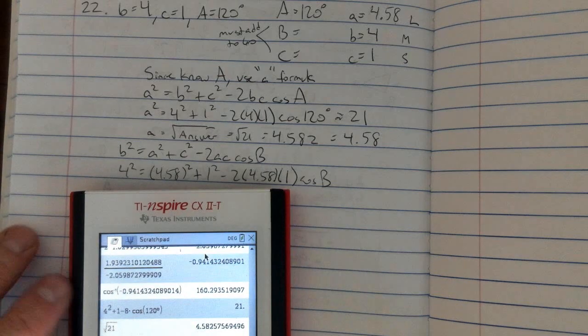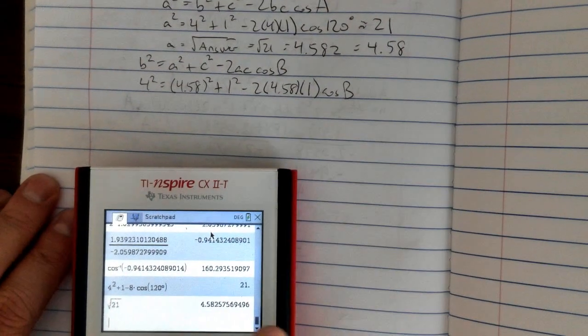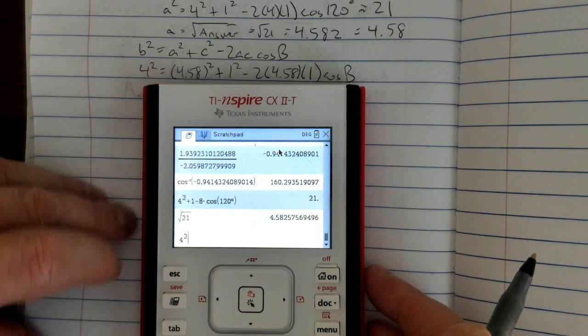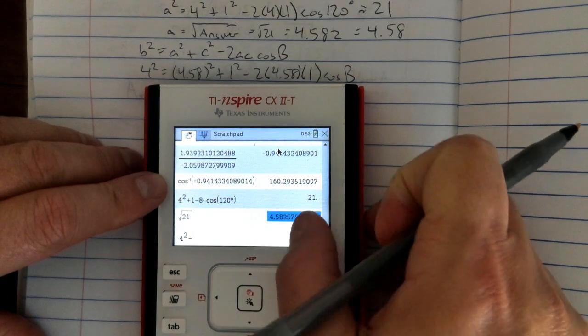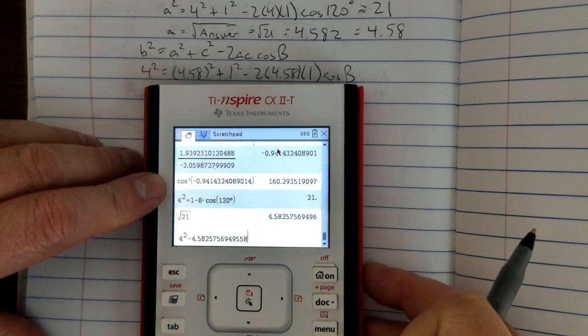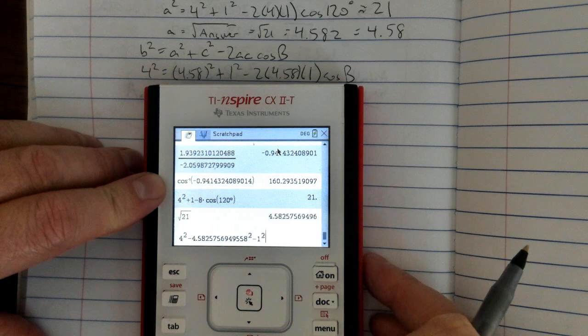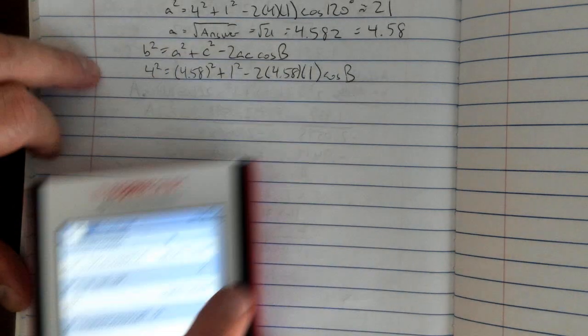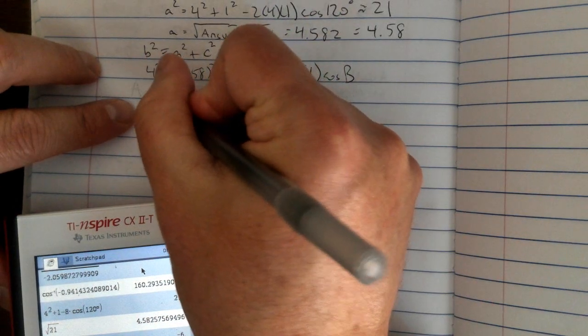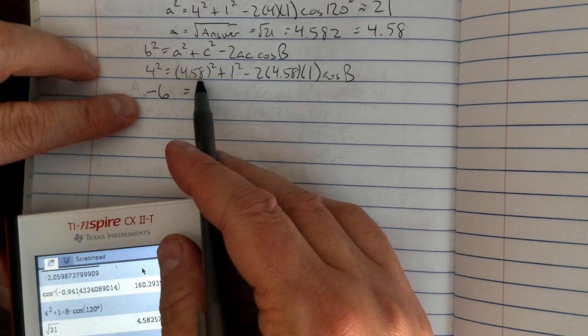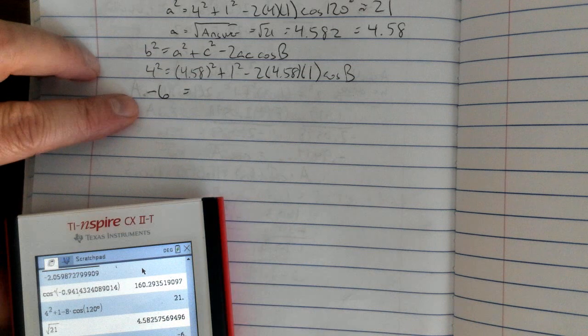So we're doing 4 squared minus, highlight this, squared, minus 1 squared. So that gives you -6. See, if you just typed 4.58 squared instead of the answer squared, you would not have gotten that.